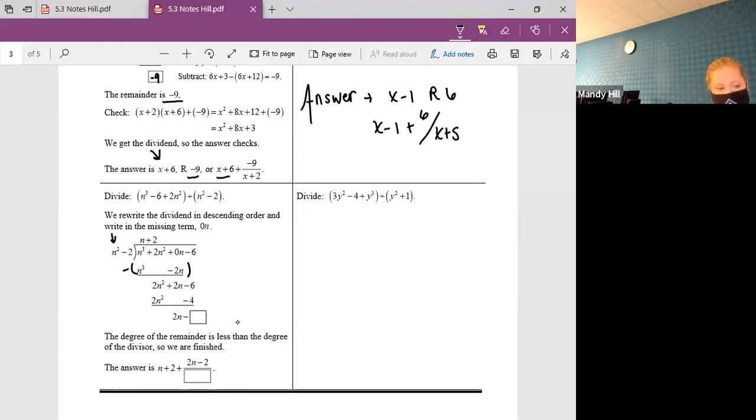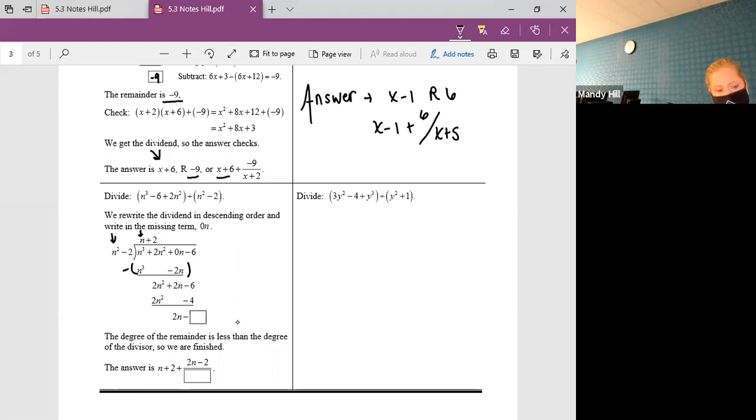We can bring down 2n squared minus nothing, still 2n squared. 0n minus a negative 2n. Well, minus a minus is a plus, so this turns into positive 2n. And then they've just brought down their negative 6. So that's how they came up with this first n.